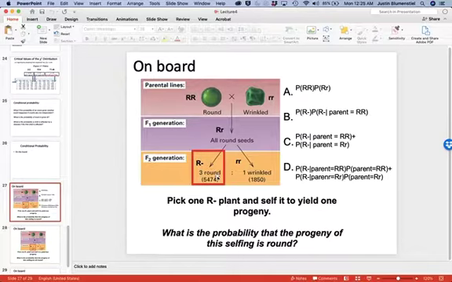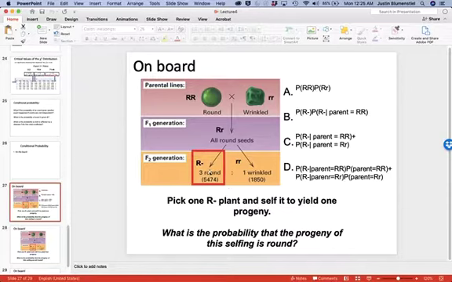Well, D would be the right answer here. You want to use D because the probability that we obtain a round one depends on who we pick. We know we picked one of these round ones, but we're going to self that.